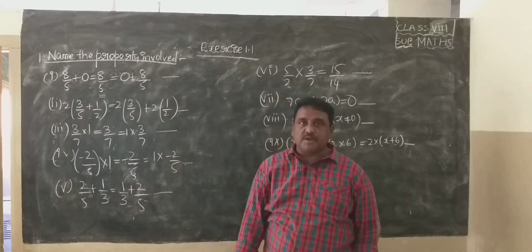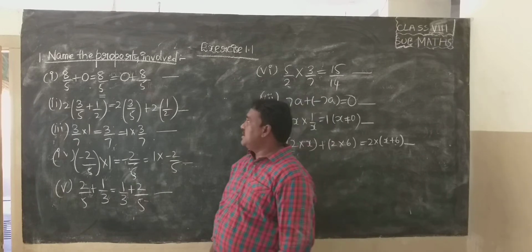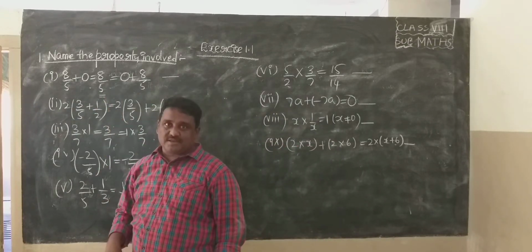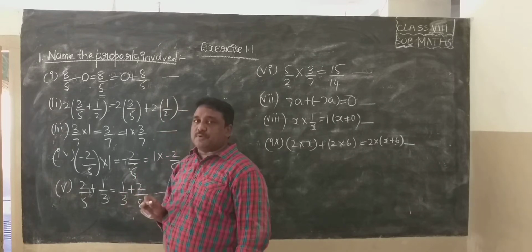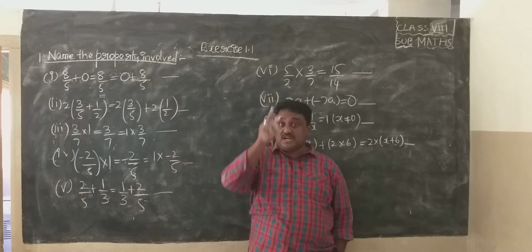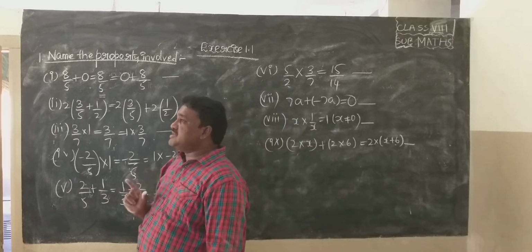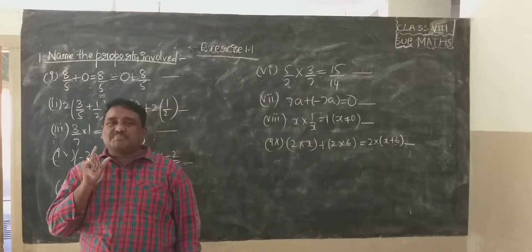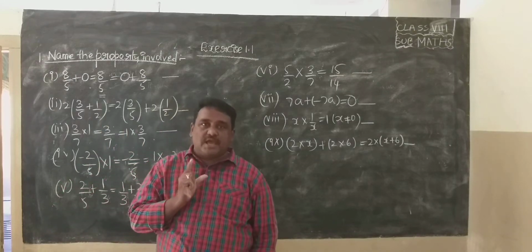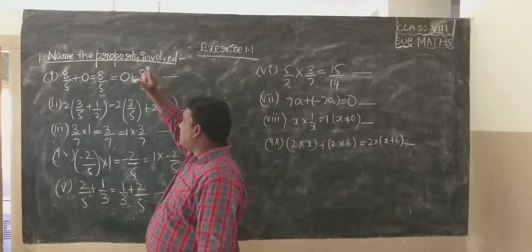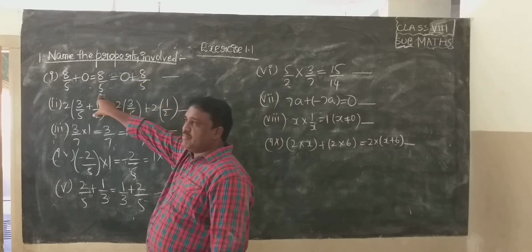What is the name of the property? You get the same number and 0 is there. I told you important properties about 0 also in the third property, existence of identity. So observation plays an important role. Observe very clearly. Don't memorize the problems.